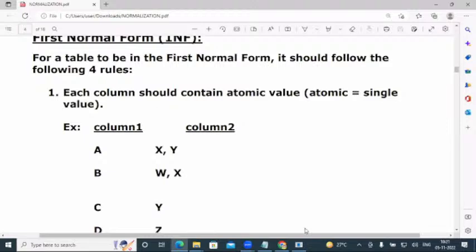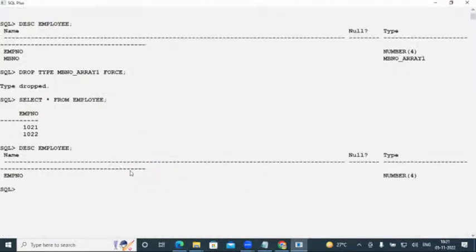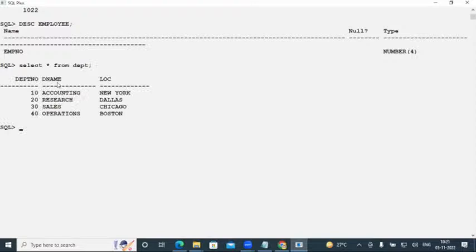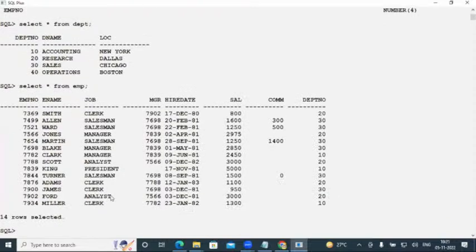Check any table in our database. Do you have any multiple values, or single values? Any table you check will have single atomic values.